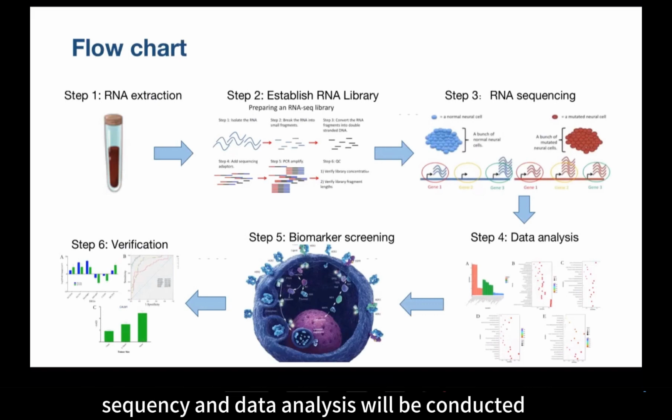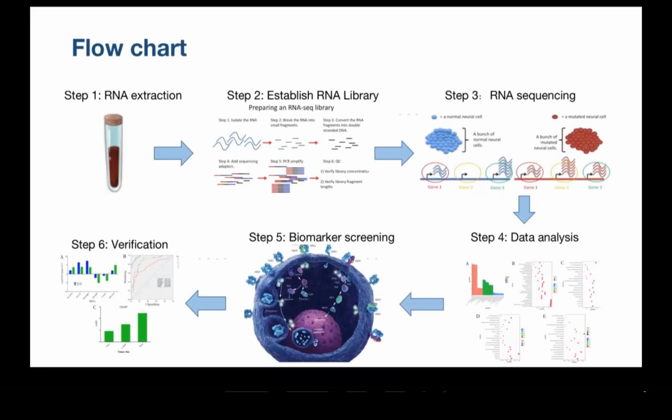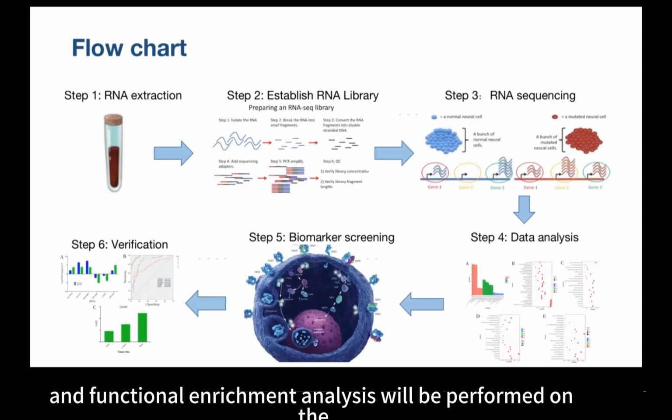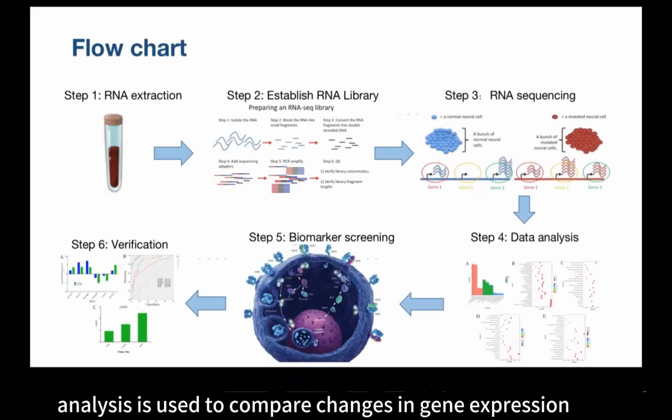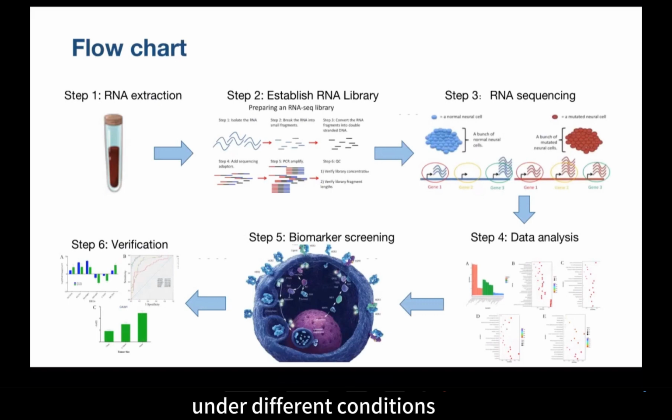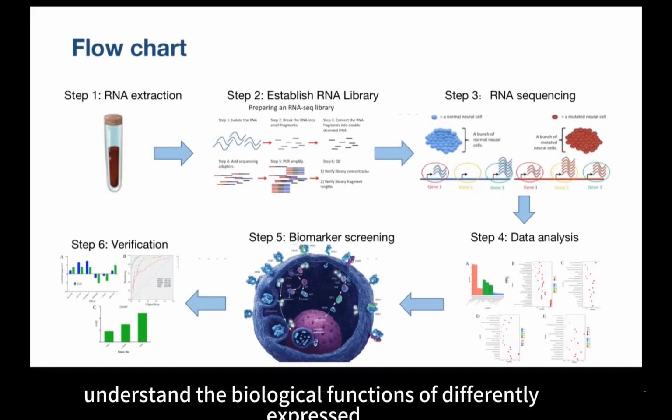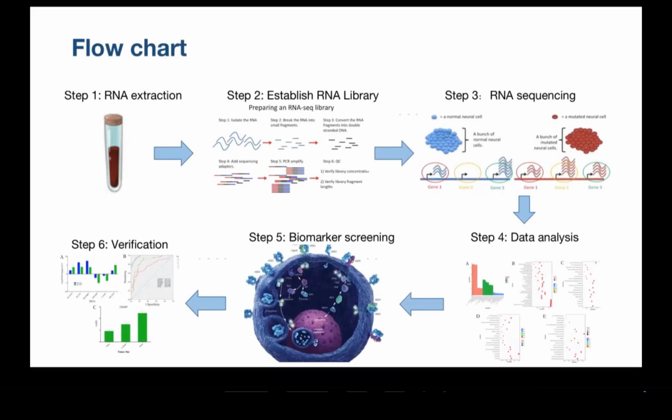Afterwards, sequencing and data analysis will be conducted. Gene expression analysis, differential expression analysis, and functional enrichment analysis will be performed on the sequencing data. Gene expression analysis can reveal the level of gene expression in the sample, while differential expression analysis is used to compare changes in gene expression under different conditions. Functional enrichment analysis helps to understand the biological functions of differentially expressed genes.